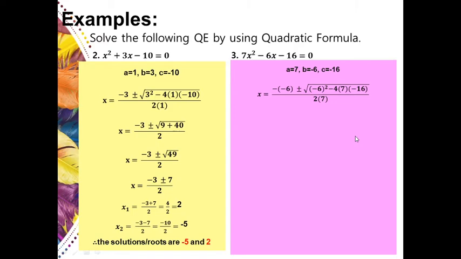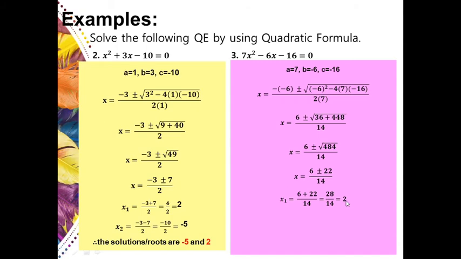So simplifying further, we have 6 plus and minus 22 over 14. So again, we separate the double signs, forming two linear equations. 6 plus 22 over 14. So that is 28 over 14.